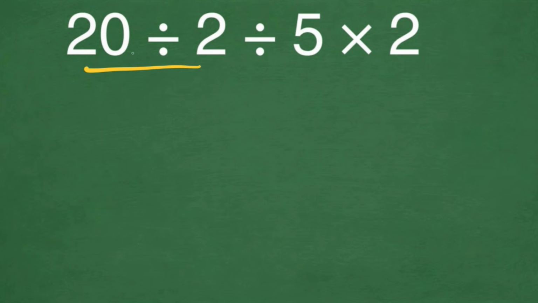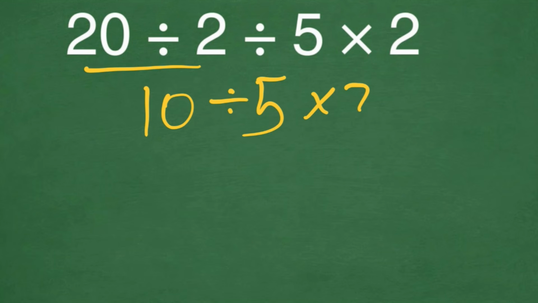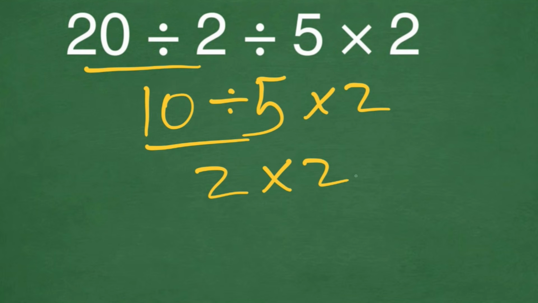So that is what we are going to do. 20 divided by 2 gives us 10, and 10 is going to be divided by 5, and that is going to be multiplied by 2. So 10 divided by 5 is the next step. So 10 divided by 5 gives us 2, and 2 times 2 is 4. So the final answer to this question is 4, not 1.